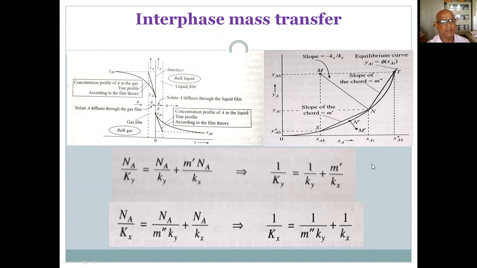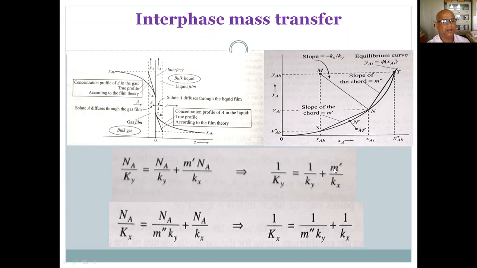Similarly, if we consider the overall driving force from the liquid phase point of view, that time the driving force will be YAB star minus YAB. What is YAB star? That is the equilibrium value of YAB. So this is the driving force, and the corresponding overall mass transfer coefficient is capital Kx. 1 by capital Kx equals 1 by m double dash small ky plus 1 by small kx.